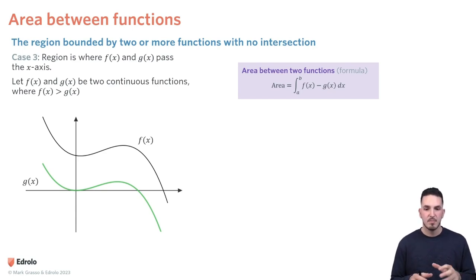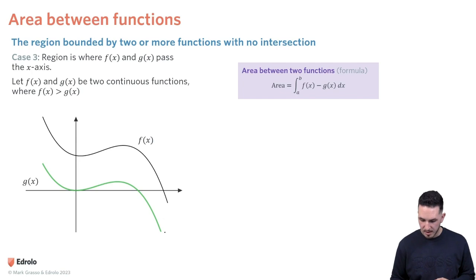Something I really want to touch on, particularly in this case, and I'll get to the formula in a moment, is that whenever we have this third scenario where both graphs may cut the x-axis and become negative, we don't have to worry about taking this into account. If we were to shift both of these functions up by the same value, then they would be above the x-axis.